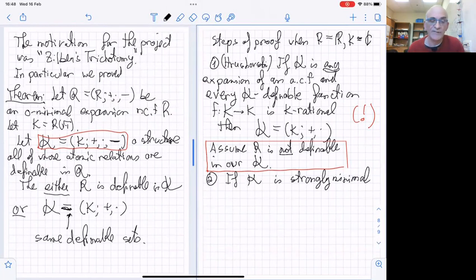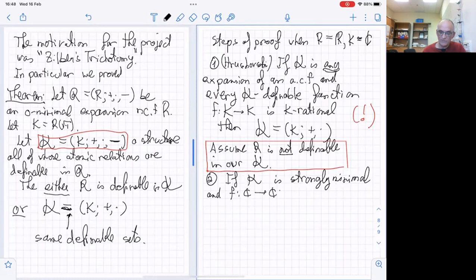If you don't know what strongly minimal is, don't worry about it right now. It will just be a black box. So if K is strongly minimal and F from K to K is, actually I could have written C, since I'm now doing things over C. Let me write it. Everything is C.